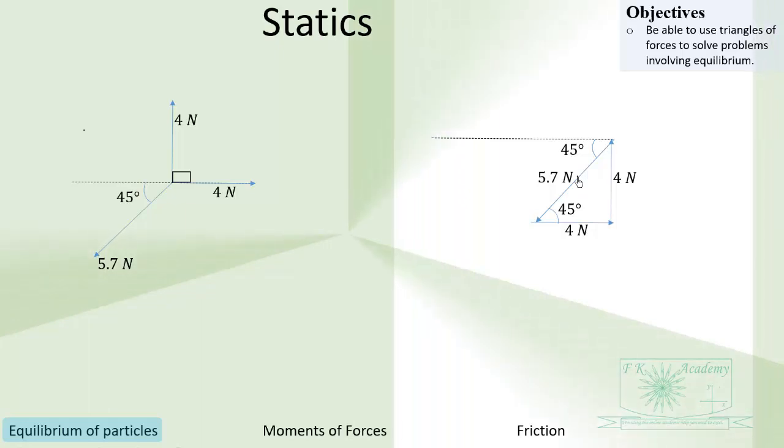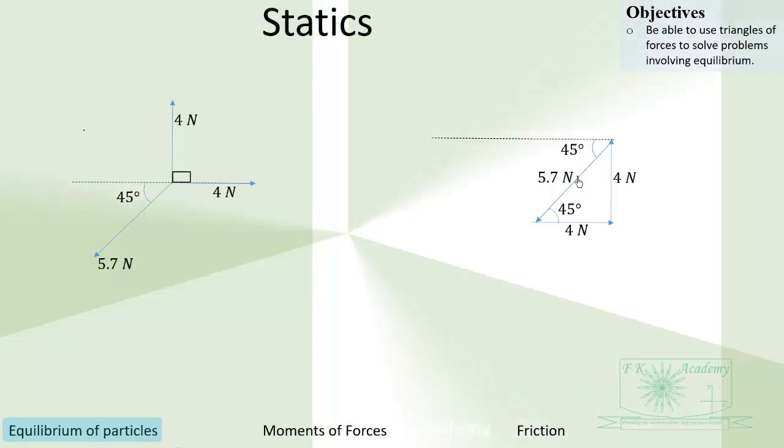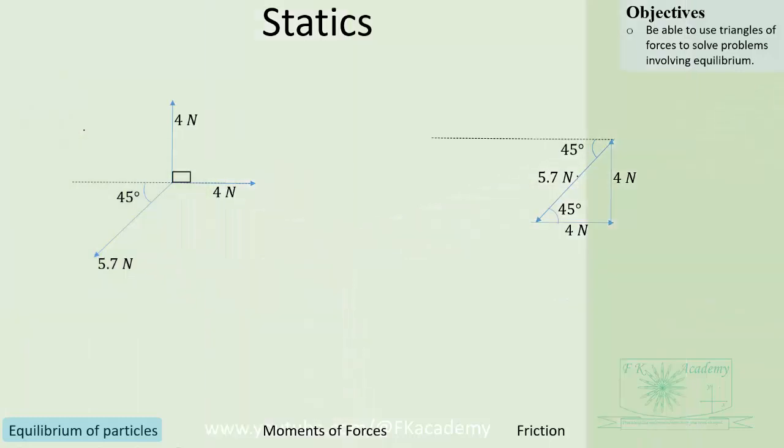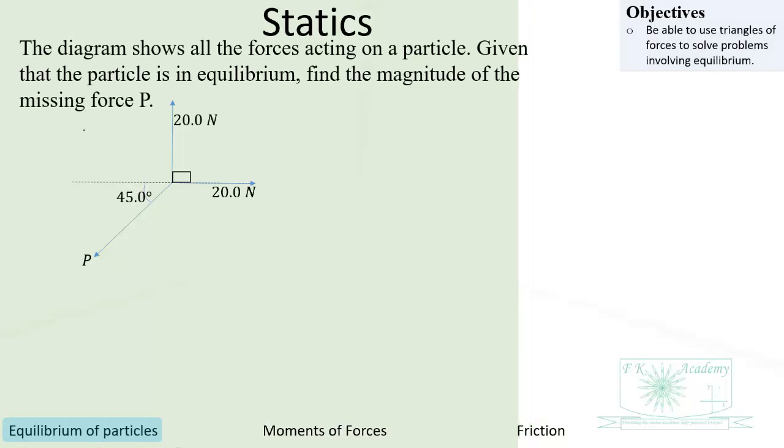So one way we can solve three coplanar forces in equilibrium is using triangles of forces. We could also use Lami's theorem, but we will consider that in a different video. Now let's take an example of a question that involves using triangle of forces to solve it.